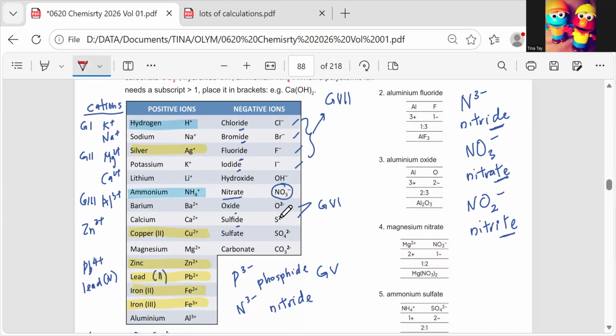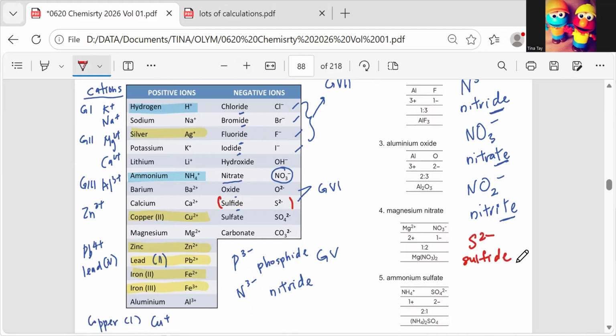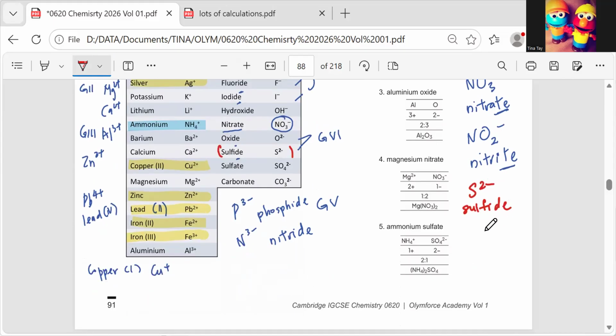Let's look at the sulfur one. S2- is sulfide, right? S2- sulfide. SO4 2- is sulfate.